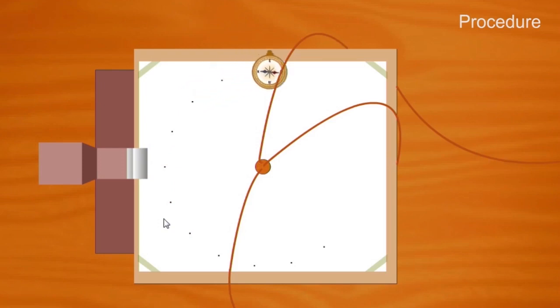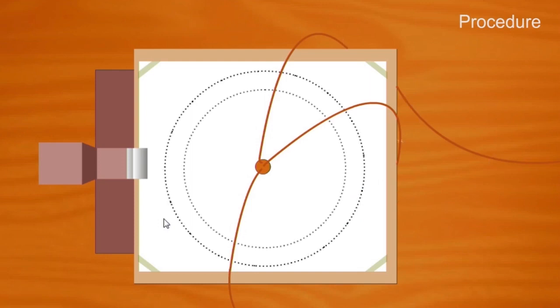So these are the markings that we will make using a magnetic compass needle, because we know that a magnetic compass needle always points in the north-south direction.